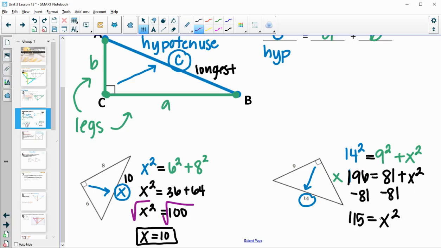Now we have our x squared by itself, so we can square root both sides, and you can just do the decimal version of this. So square root of 115 in your calculator gives you that x equals 10.72. And then again, check that in comparison to the other measures in the diagram. So 10.72 is a leg, that's less than 14, so that's good.